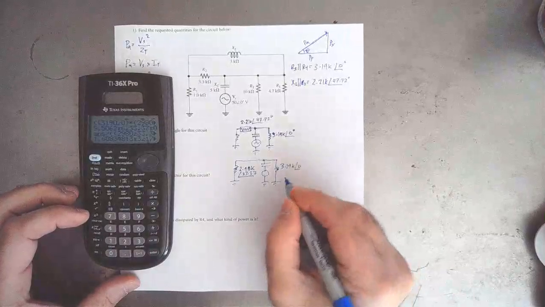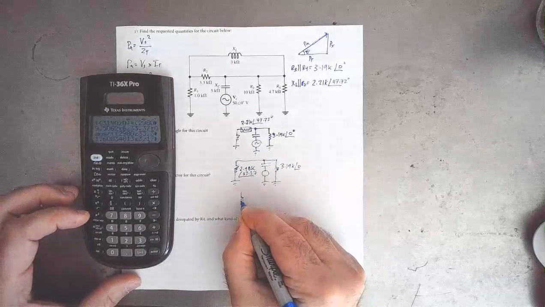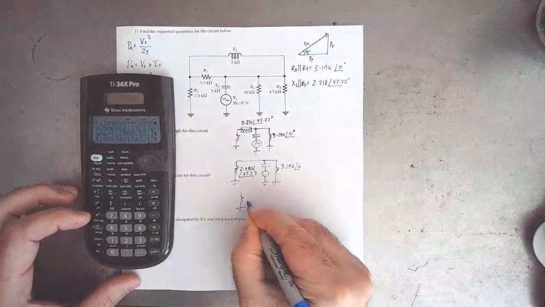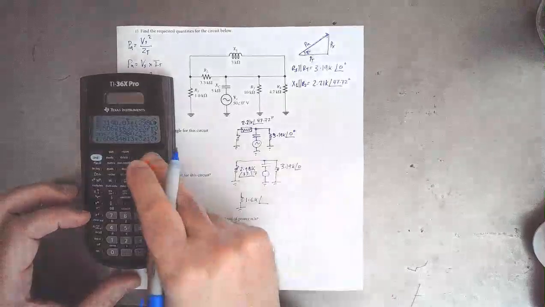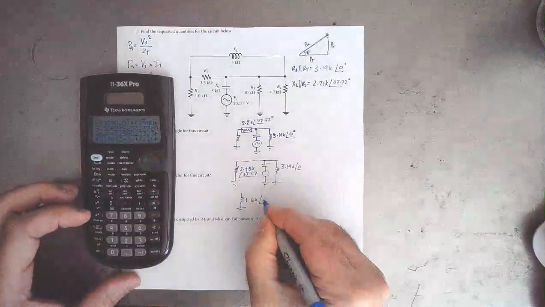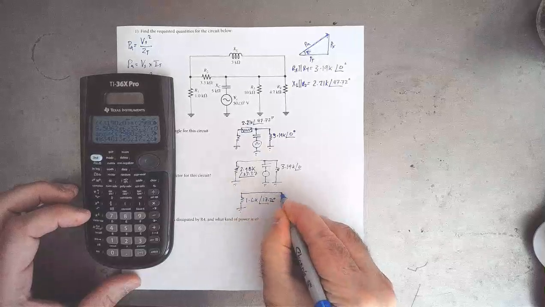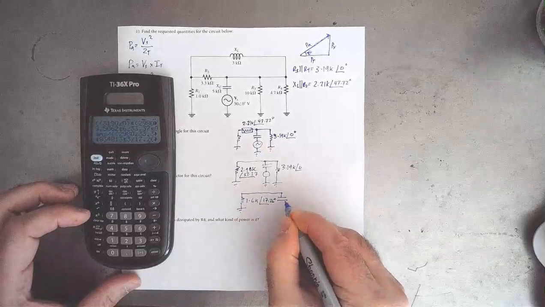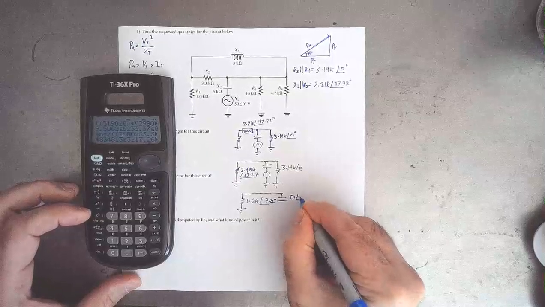And I am getting this. Running out of room here too. 1.6K at an angle of 17.26 degrees. Right there. And that is all in series with the capacitor, which is 5K at negative 90.